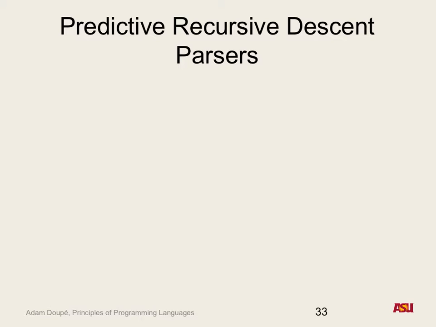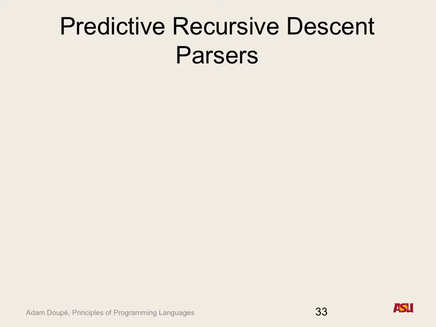So predictive, what about recursive? It's recursive. It's not supposed to trip you up. We'll see how it looks in the code, and you'll see that it looks very recursive.